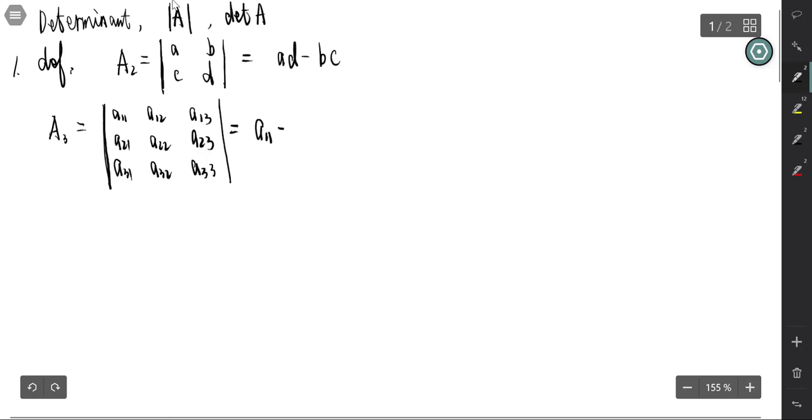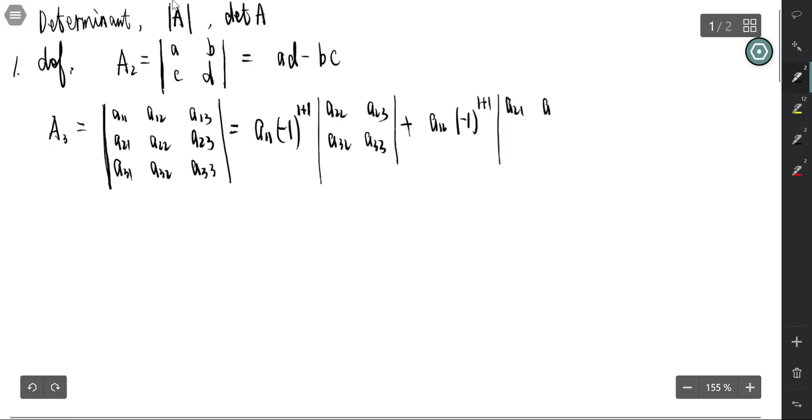That is a11 times negative 1 to the power 1 plus 1, where the indices are its row location and its column location, times the determinant a22, a23, a32, a33, plus a12 times negative 1 to the power 1 plus 2, times the determinant a21, a23, a31, a33, plus a13 times negative 1 to the power 1 plus 3, times the determinant a21, a22, a31, a32.